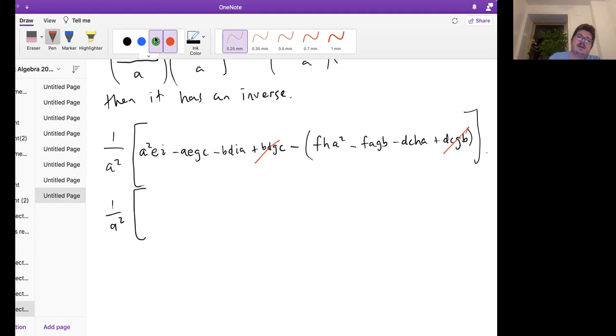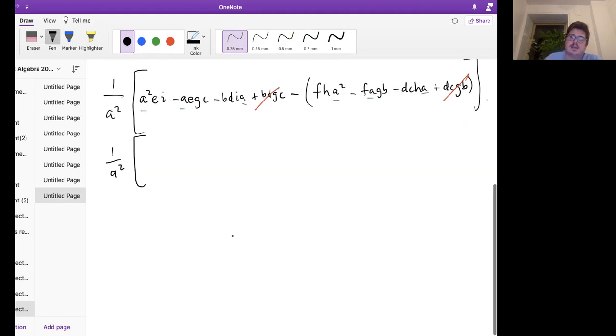The A's, yeah. Everything has an A. So I'm going to just go ahead and take that out. So we have AEI minus EGC minus BDI minus FHA plus FGB plus DCH.